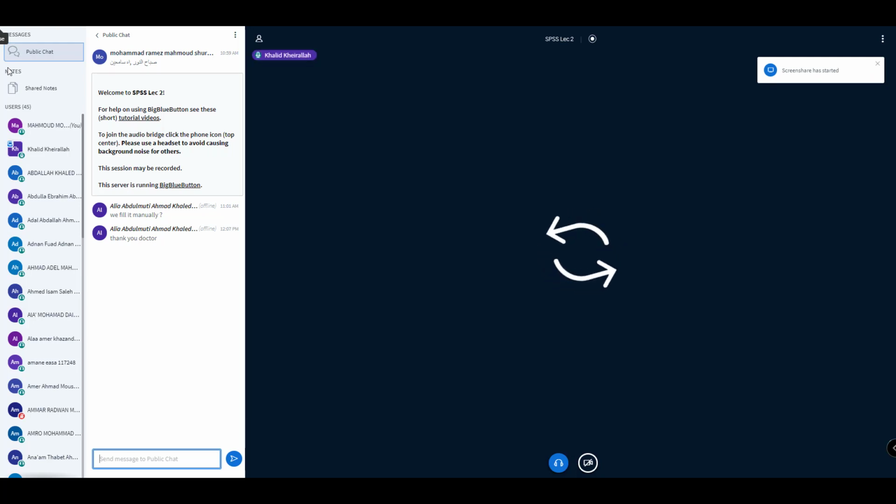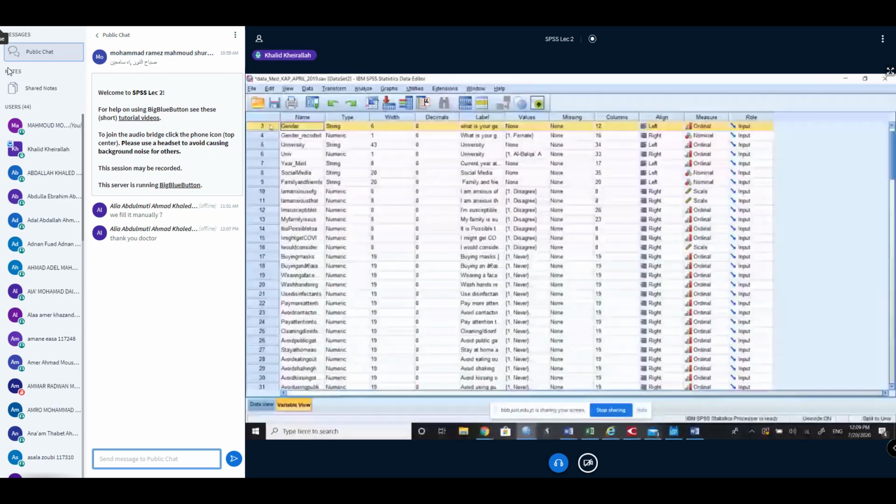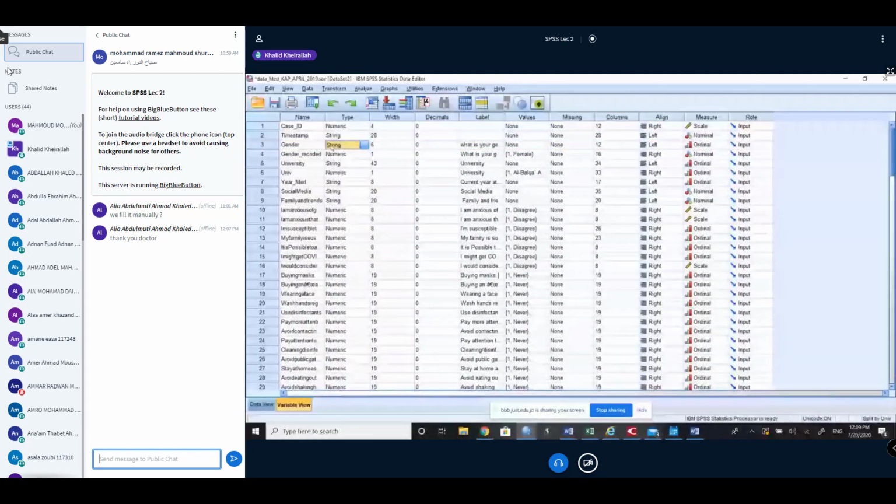So I have gender in two ways. Gender is male, female, and gender is 1, 2. If we go back, gender, as you see it at the first one, is a string variable, and it should be a nominal value.